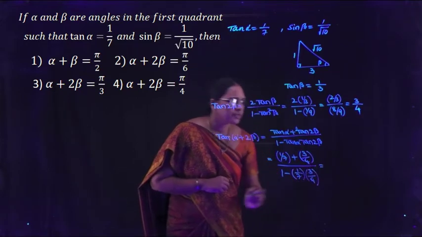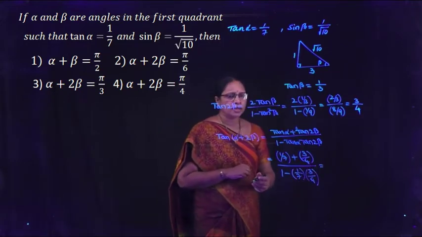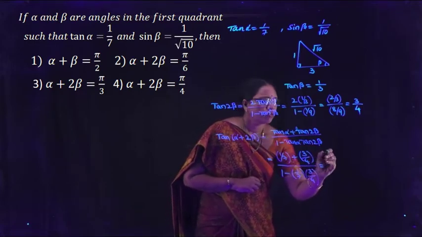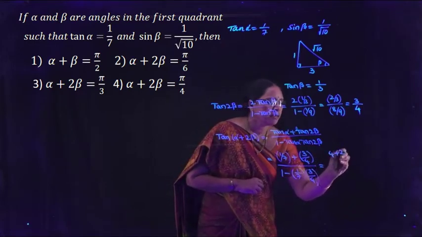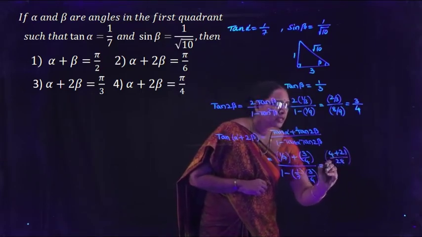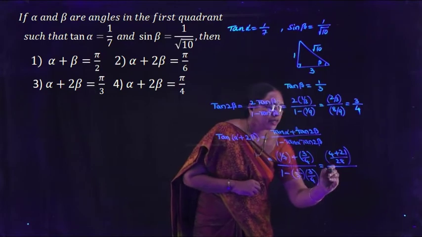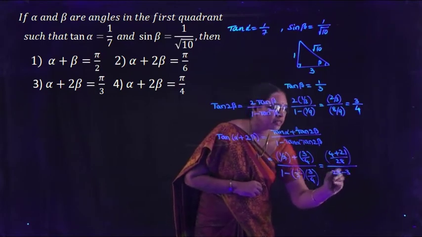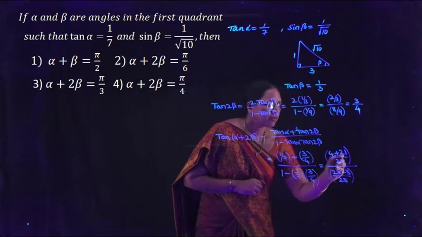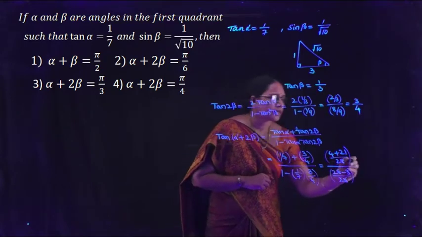Taking LCMs in the numerator and denominator, we get the numerator is 4 plus 21 by 28. The denominator is 28 minus 3 by 28. The denominator 28 gets cancelled.